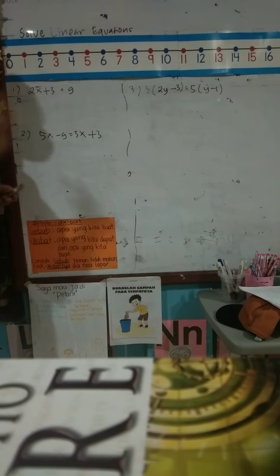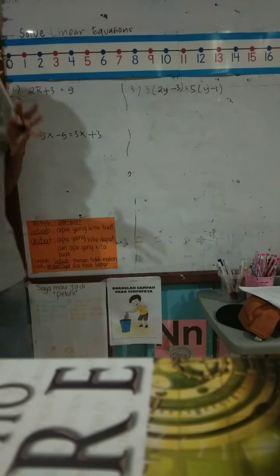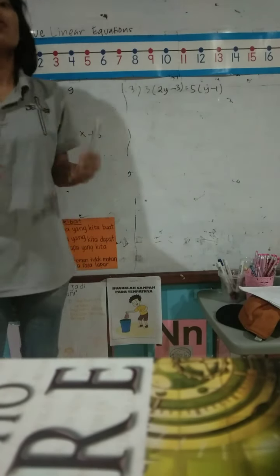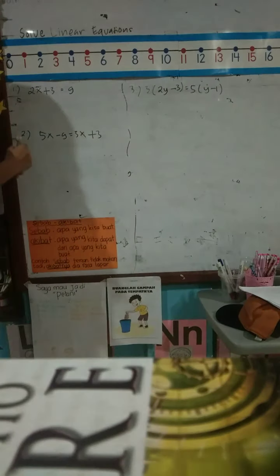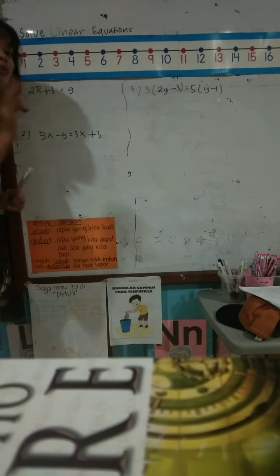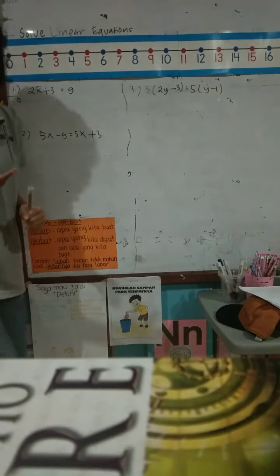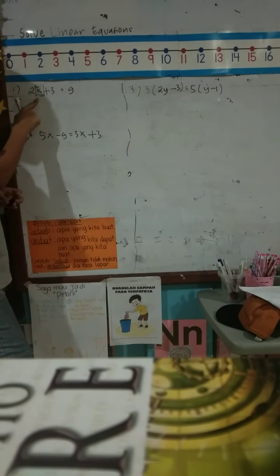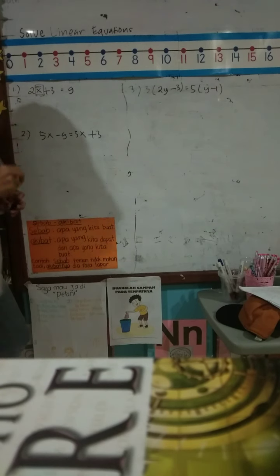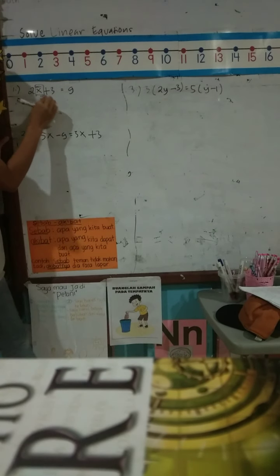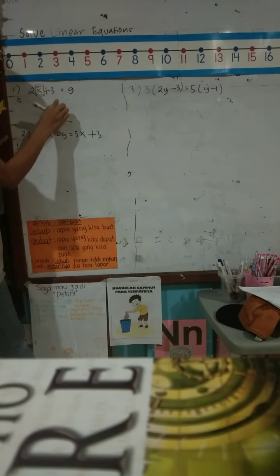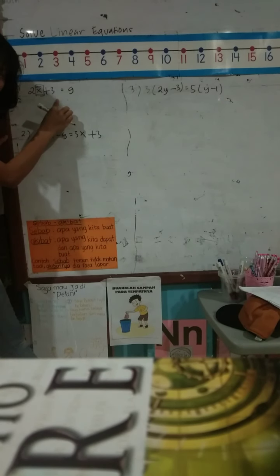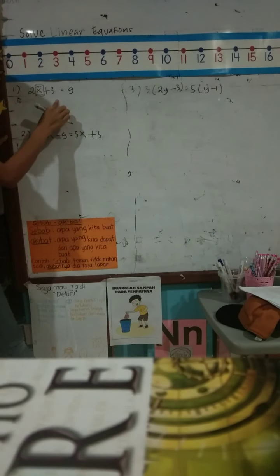Number 1, 2x plus 3 equals 9. Remember, when you want to solve an algebra problem like this, it means we want to find the value of x. How can we find the value of x here? Yes, good job, Alex. You have to find the opposite of positive 3. What's the opposite of positive 3? Yes, minus 3.